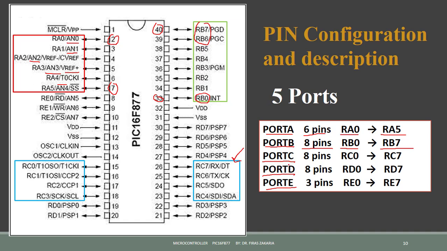Port C consists of 8 pins also, which are pin 15, 16, 17, 18, 23, 24, 25, and 26. Port C is also a bidirectional input-output port. Port D includes 8 pins, and port E includes 3 pins. We will provide more description about these pins in a later lecture.